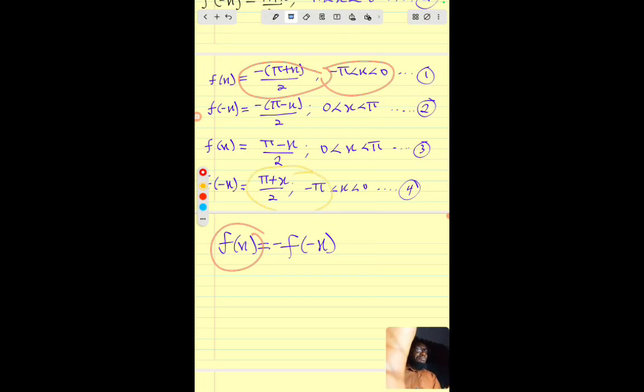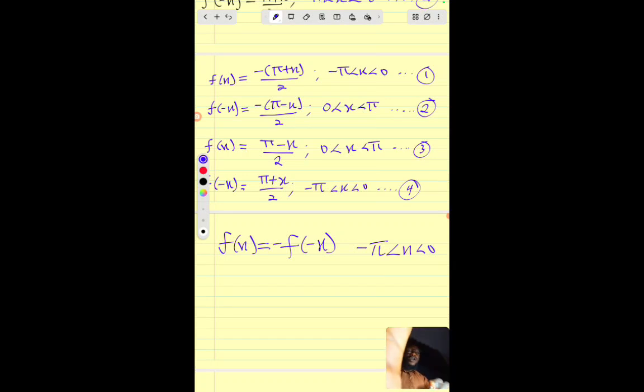From this part, we have minus f of x, and both of them are on the same interval. Equation 1 and equation 4 are on the same interval, which is from minus pi less than x less than 0.